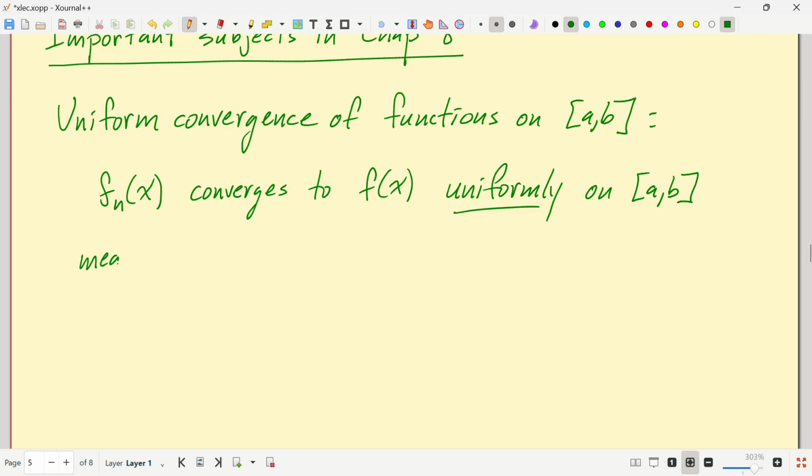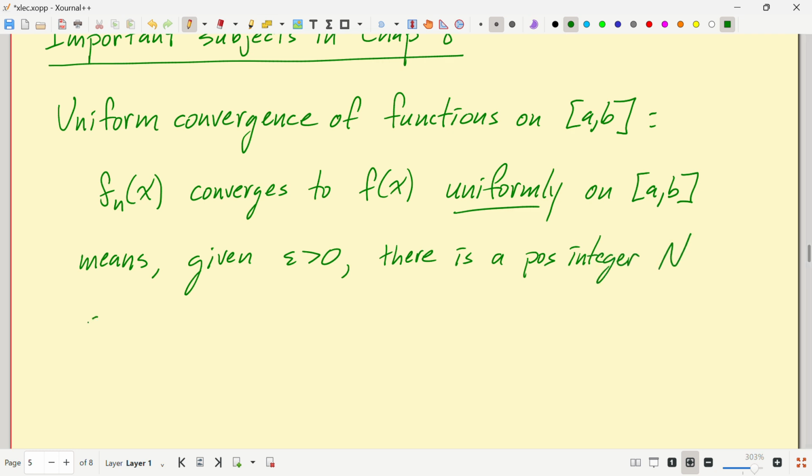means, given an epsilon bigger than 0, there is an N, a positive integer, capital N, such that not just at one x, but at all x's in the interval, f_n of x minus f of x is less than epsilon.